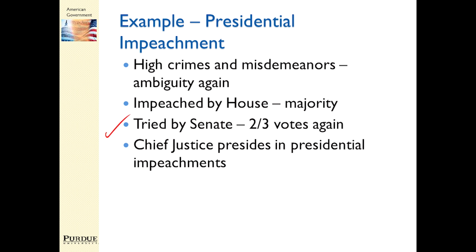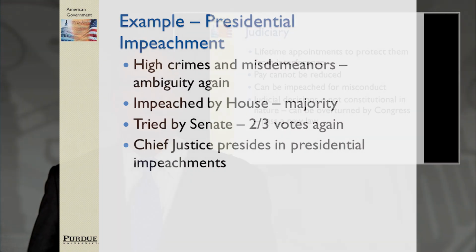But here it takes a 2/3 vote. The House makes the case before the Senate, much like a prosecutor. They're tried in the Senate, and the Chief Justice comes over to preside. So there you have all three branches involved in checking, because removing a president is an ultimate power of the Congress, and it can't be done easily.